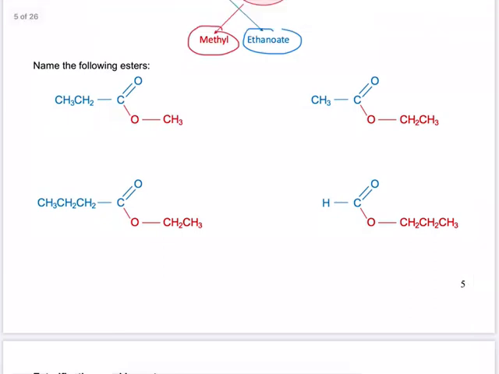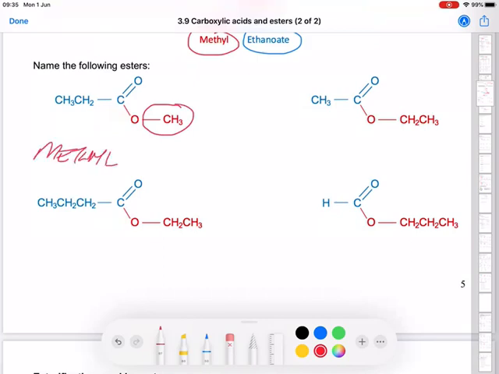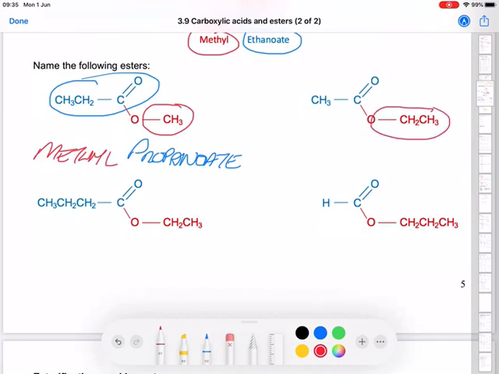So we name this bit first, so that is going to be methyl, and then we add this bit second. Now there are 3 carbons in there, so that is going to be propanoate. Okay, on this one over here, so we've got 2 carbons in there, so that is going to be ethyl, and I've got 2 carbons in this part here, which is going to make it ethanoate.